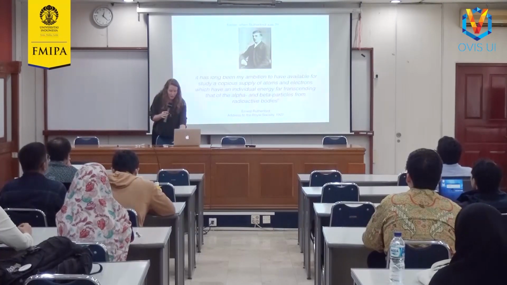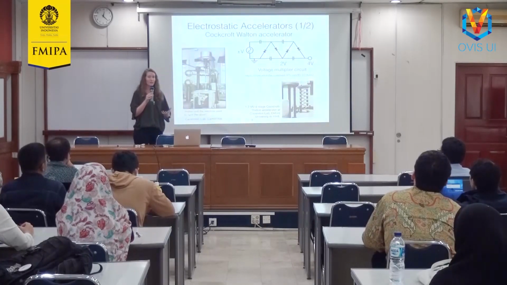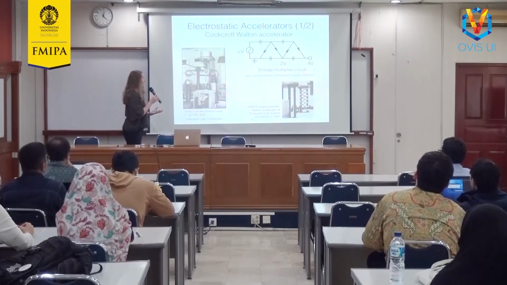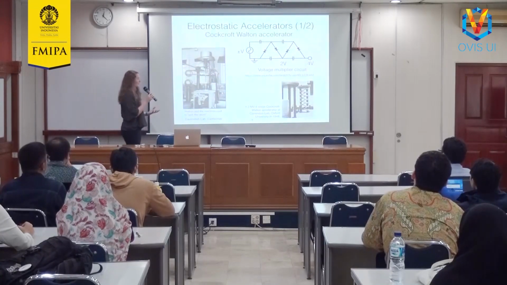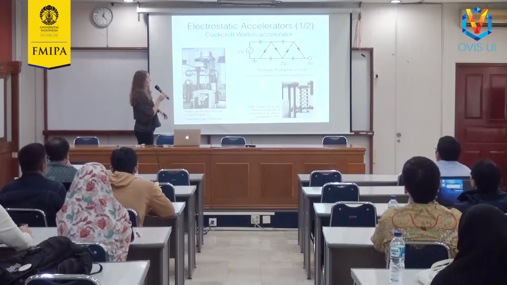And as a result, a number of different types of accelerators were developed, and some of the first ones look very different from the ones that we have today. So some of the first ones were what we call electrostatic accelerators. And one of those types is called a Cockcroft-Walton accelerator.